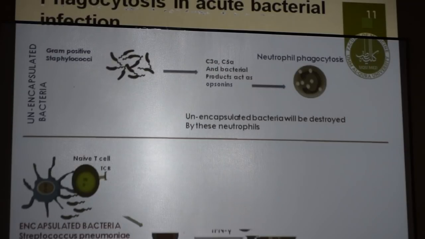And the cell, it is naive, and after the priming it will convert into what? Active T cells. Which type of T cells? If it is an intracellular bacteria, then which T cell subset should be activated? Very good. And if it is extracellular bacteria? CD4. So now in this case, the Th1 cell is activated. It's a CD4 cell which is going to deal with what? Extracellular or intracellular?